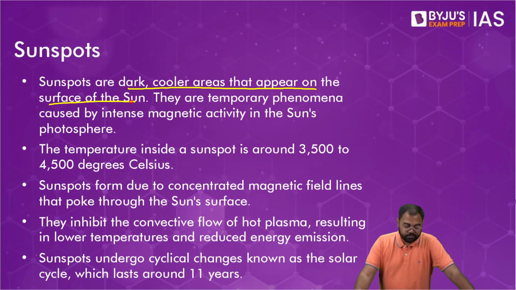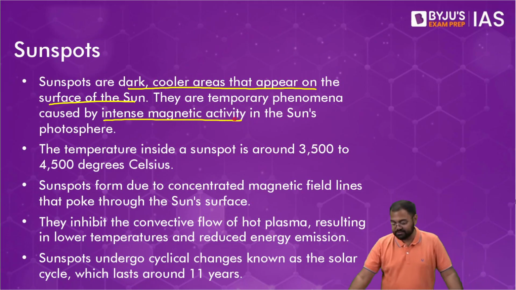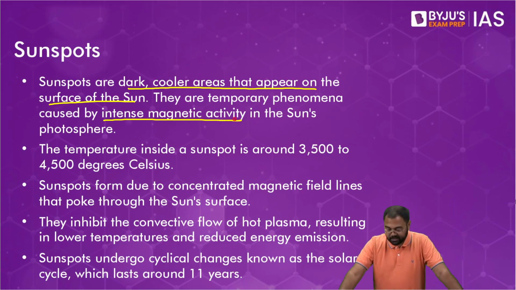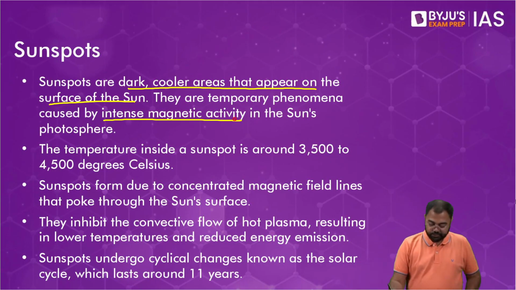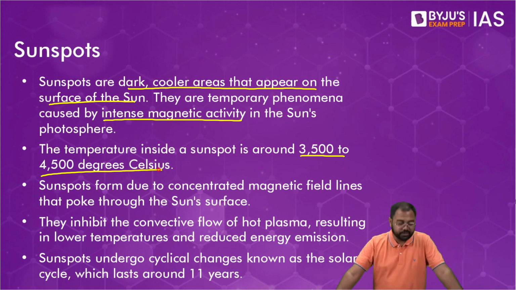This can be caused by intense magnetic activity on the sun's photosphere, or basically the surface of the sun. And as I told you, the temperature can be in the range of 3500 to 4500 degrees Celsius. So this is what we see in terms of sunspots.